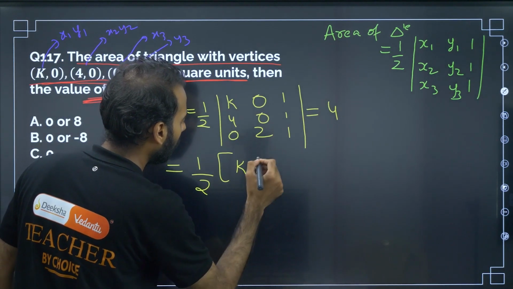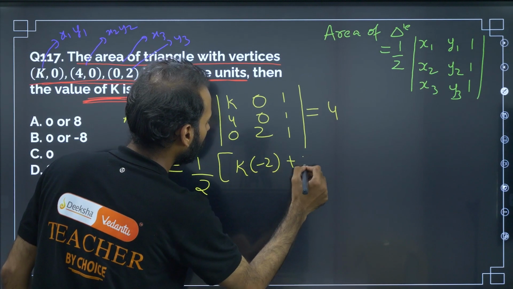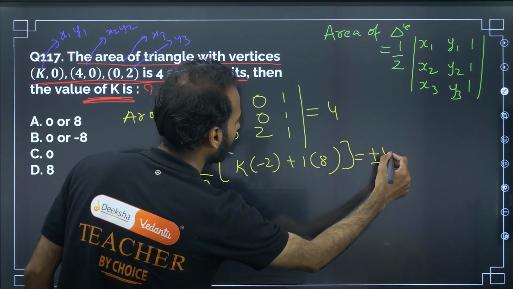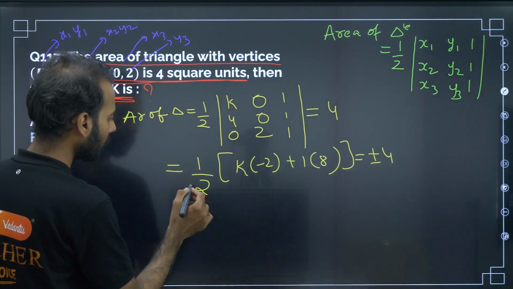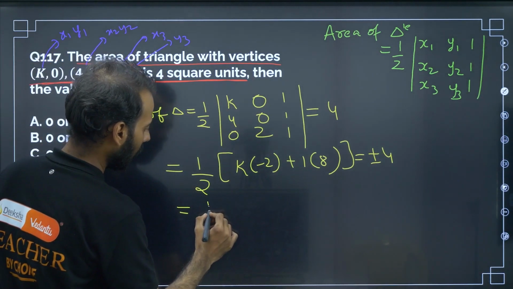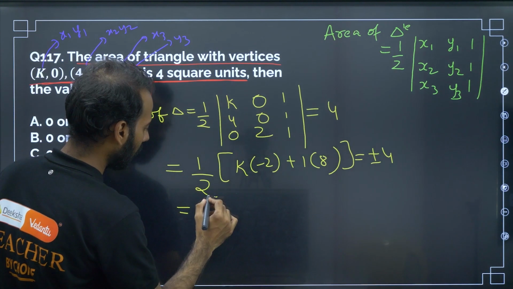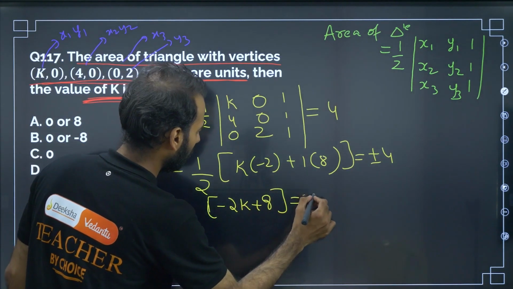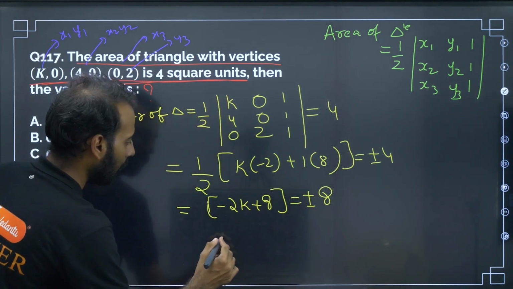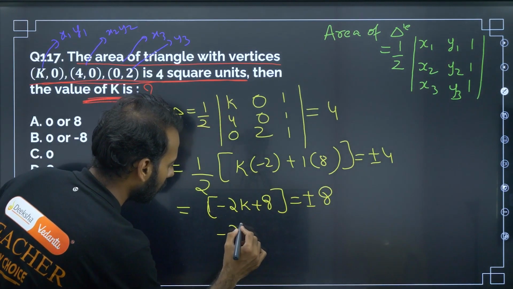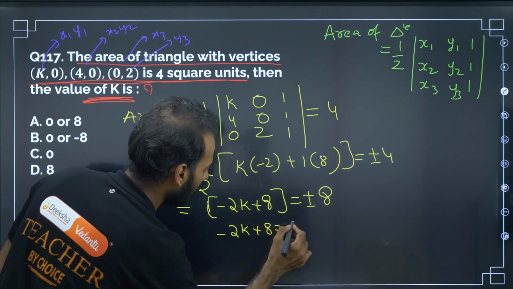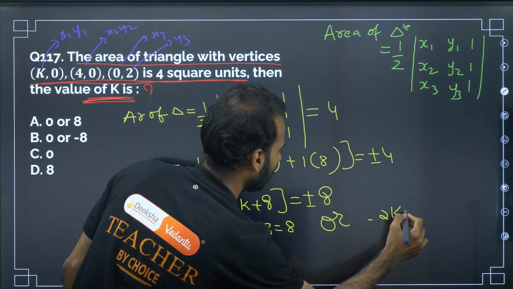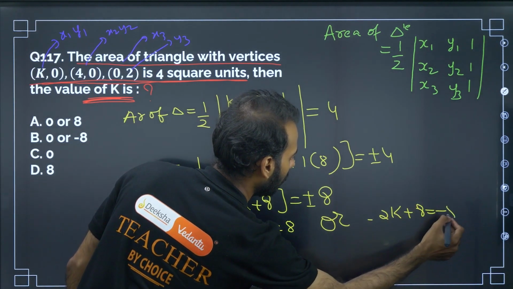K times 0 minus 2, plus 1 times 8, is equal to plus or minus 4. So 1 by 2, no, I will not write 1 by 2: minus 2k plus 8 is equal to plus or minus 8. So minus 2k plus 8 is equal to 8, or minus 2k plus 8 is equal to minus 8.